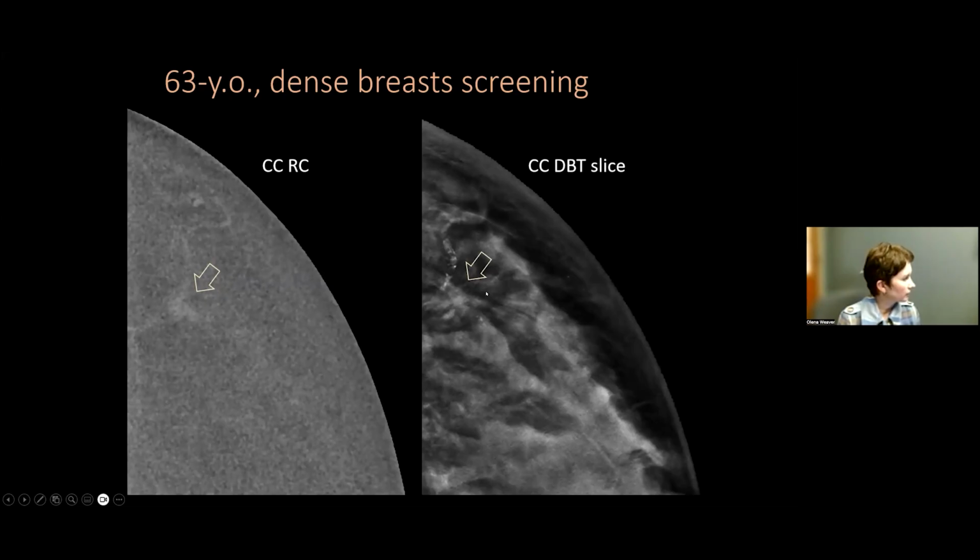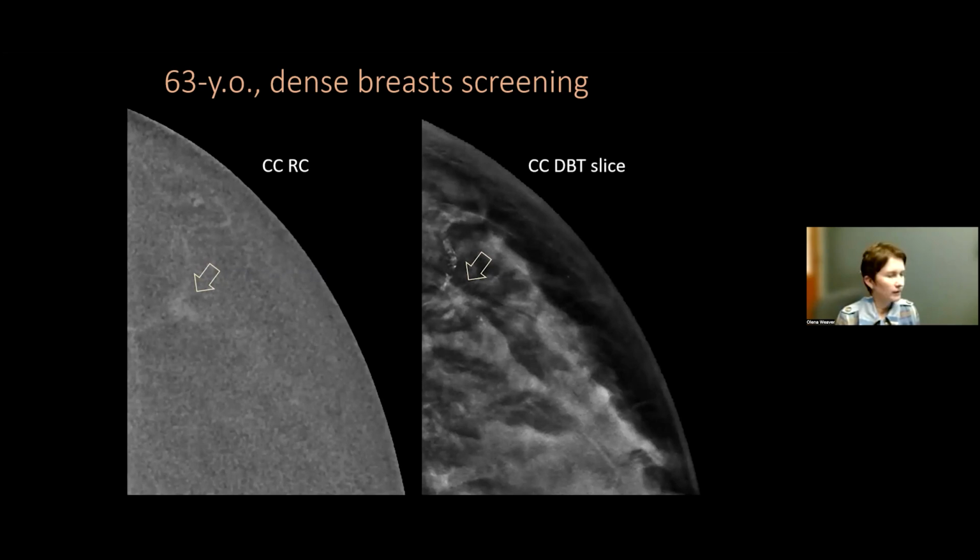So if you happen to have, or if you decide to do for particular indications, DBT and CEM under the same compression, this is what you might see. So you can see that it's exactly the same area, little architectural distortion. But it was a low conspicuity architectural distortion, and we only could see it on 1 projection really well.